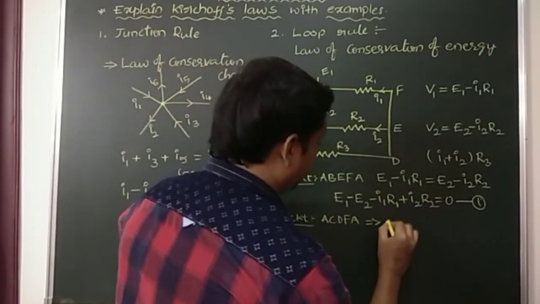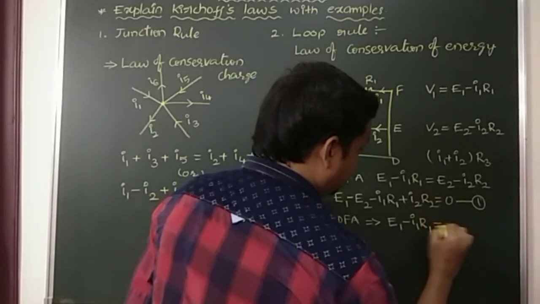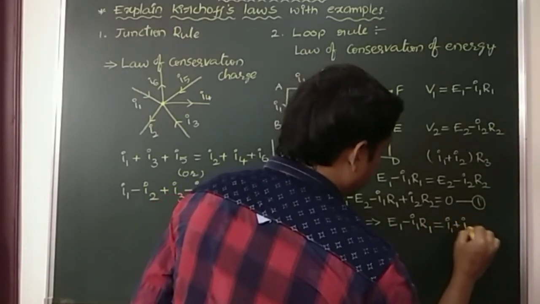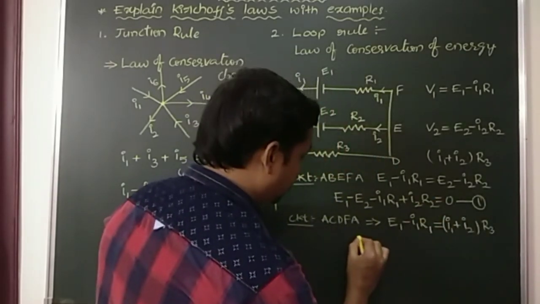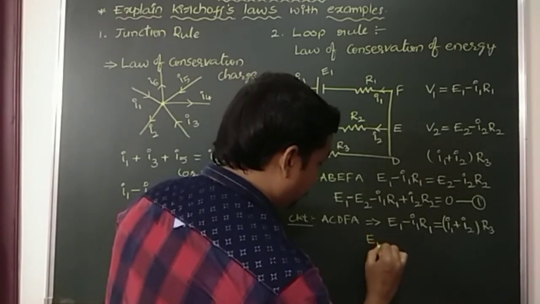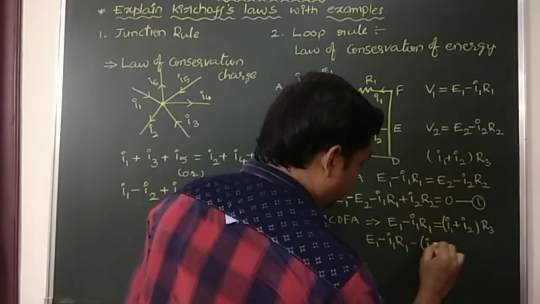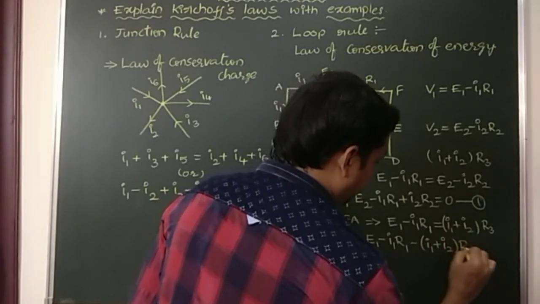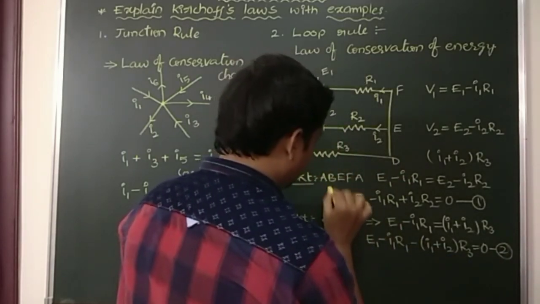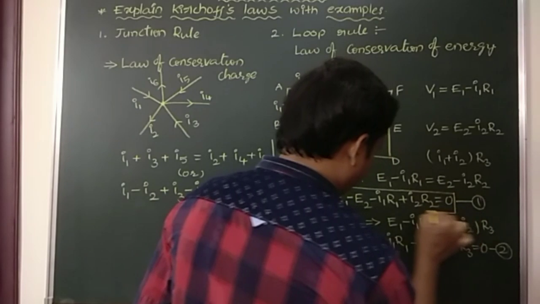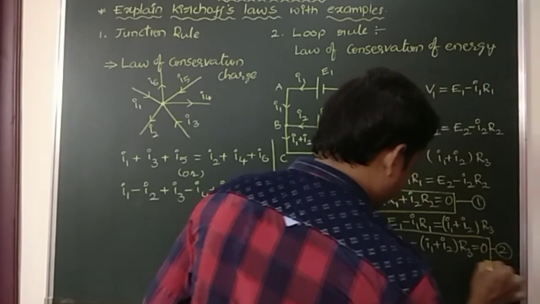So directly I am writing E1 minus I1 R1 equals I1 plus I2 times R3. You can bring that to the left side: E1 minus I1 R1 minus (I1 plus I2) times R3 equals 0. This is the second equation.